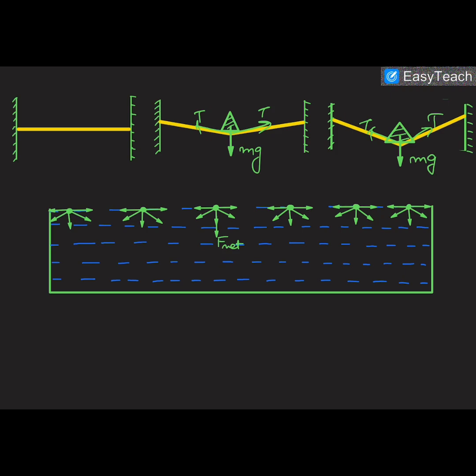Now, why are we saying that the surface is tending to minimize its area? Just imagine that you are in a square room, and you have a square-shaped polythene or plastic sheet which you have pinned in the room at a height of h by 2, where h is the height of the ceiling.